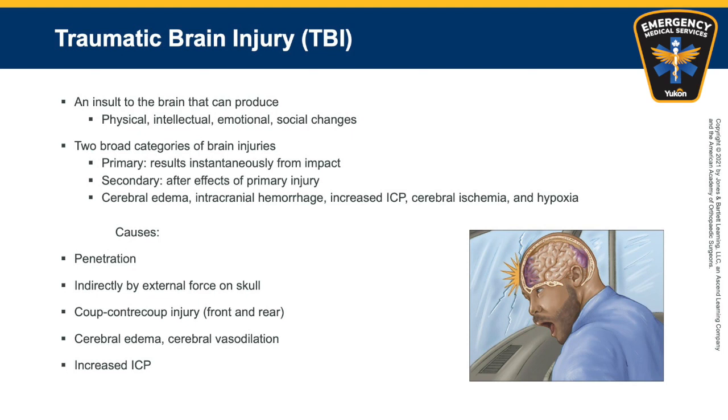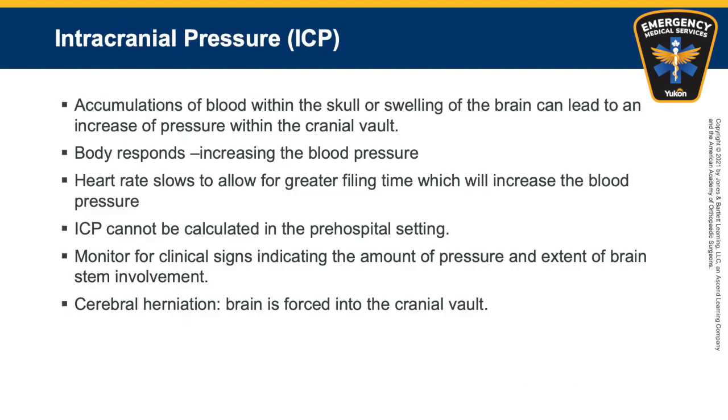Intracranial pressure. So basically all that is swelling within the brain that compromises the blood vessels in the brain and prevents that important blood, and more importantly glucose, from getting to the brain itself.